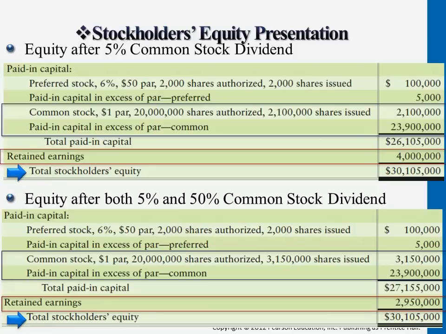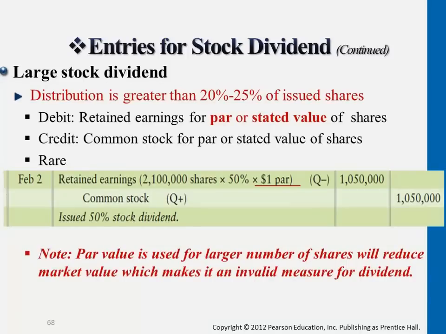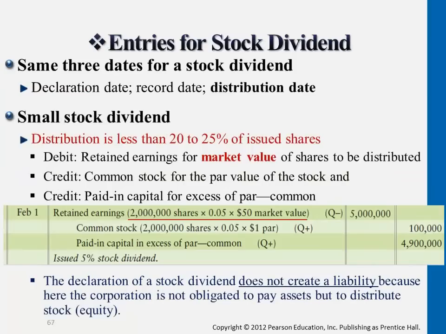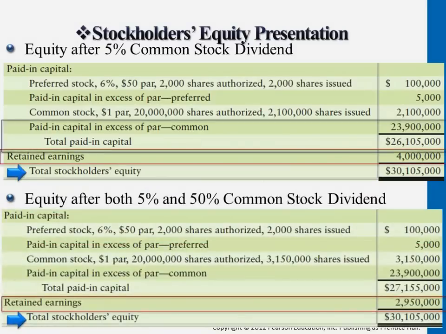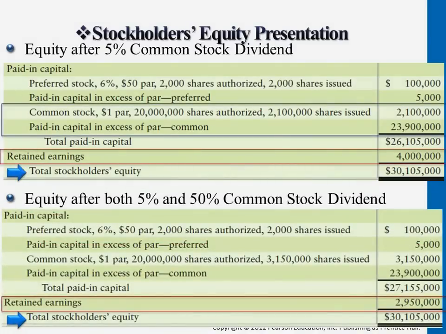In this case, we used retained earnings twice, to issue 5% of common stock and an additional 50%, for both of the entries that happened before, this one and this one. Okay, so if we represent both cases here, you see the total amount of paid-in capital and retained earnings altogether. Stockholders' equity is the same for both cases.